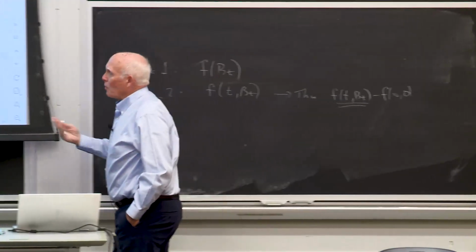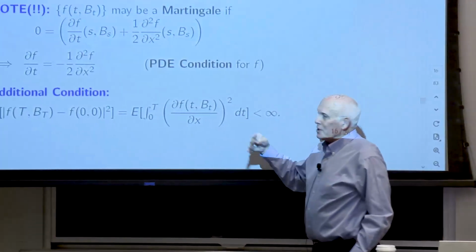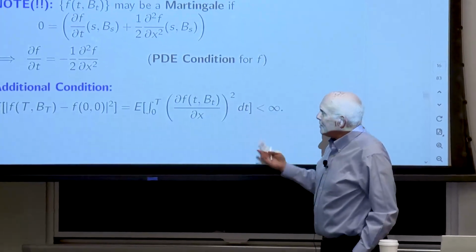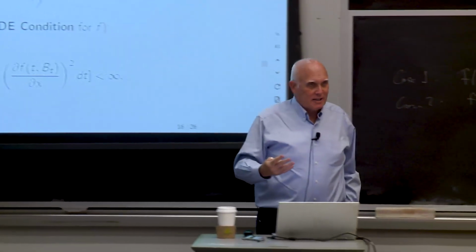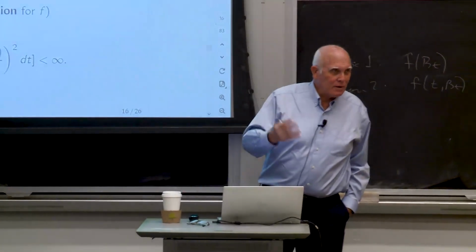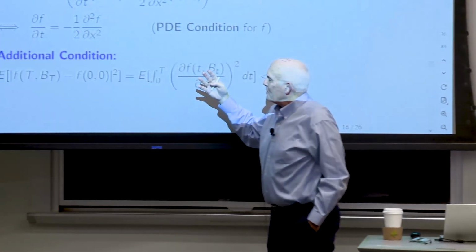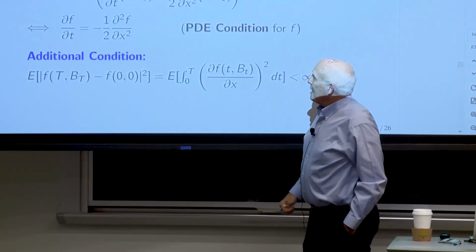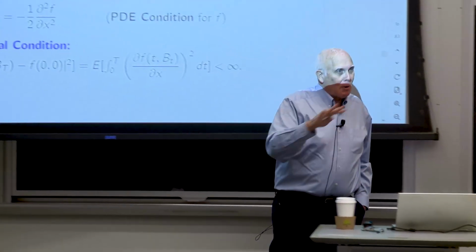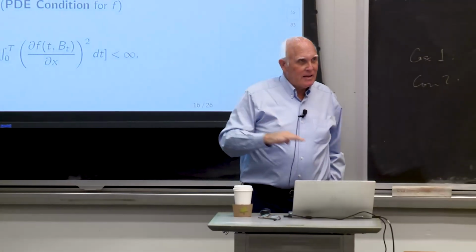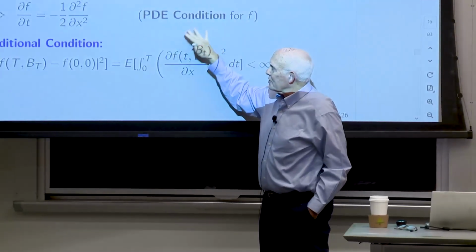So importantly, in quantitative finance, we often are interested in solving for values of functions where the functions are the price or value of a derivative over time. And if we can express it in the right framework where the price function follows a martingale, then it will satisfy this PDE condition.